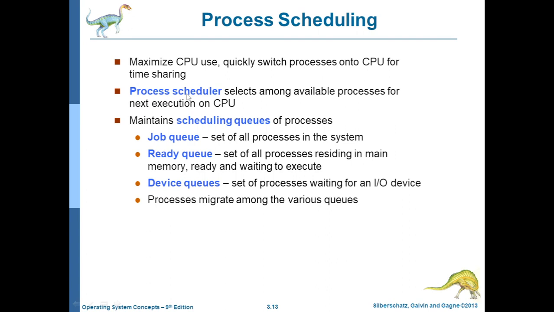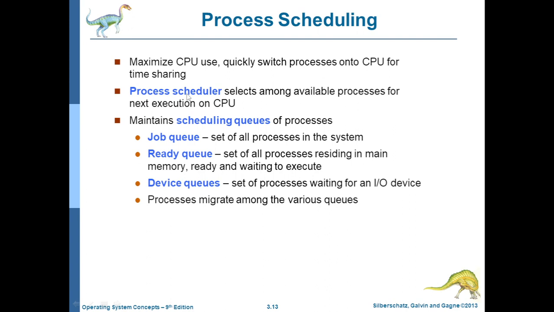Process scheduling. We try to maximize CPU utilization, and for that we use the process scheduler. Process scheduling means deciding which process will execute first and which will execute next.